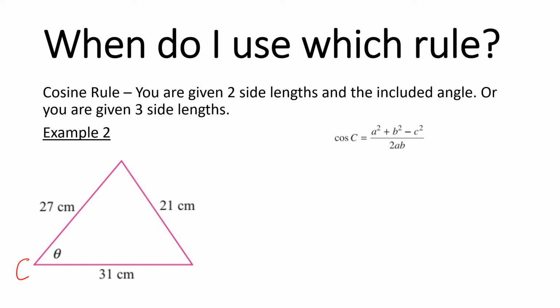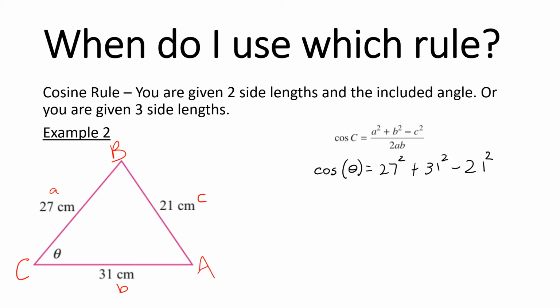That means that 21 will be our side C. And then if you label the other two sides, angles and sides, then you have the right numbers to put into your formula. Looking at the formula, we will have cos theta equals 27 squared plus 31 squared minus 21 squared.